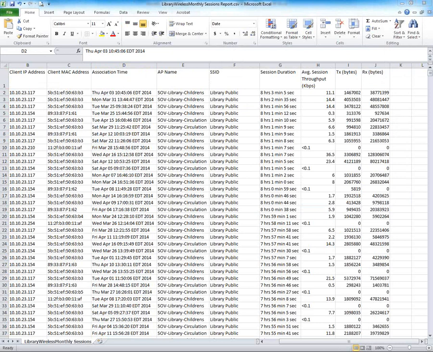And the other thing is that we really would like to hear about ways in which the Wi-Fi is being used or information that you've been able to gather just by talking to your patrons about what they come to the library to use the Wi-Fi for.